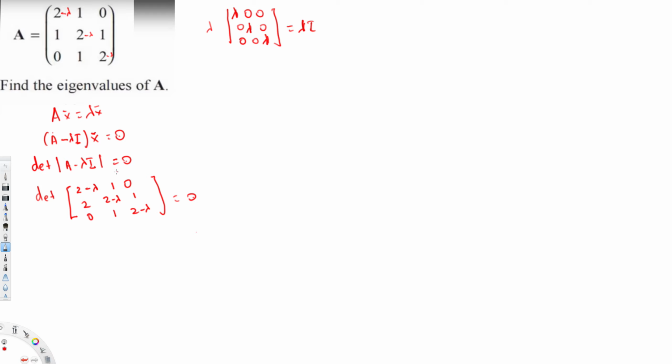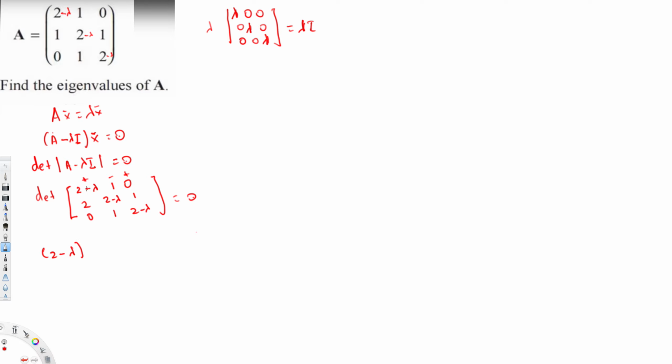To find the determinant, usually the method we use is the cofactor method. We set the signs plus, minus, plus. If I take this 2 minus lambda, that's positive.